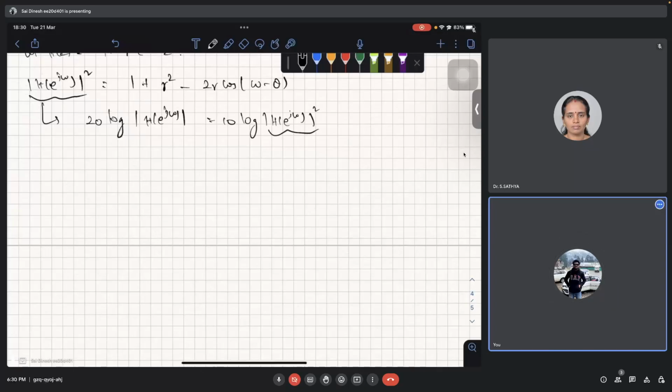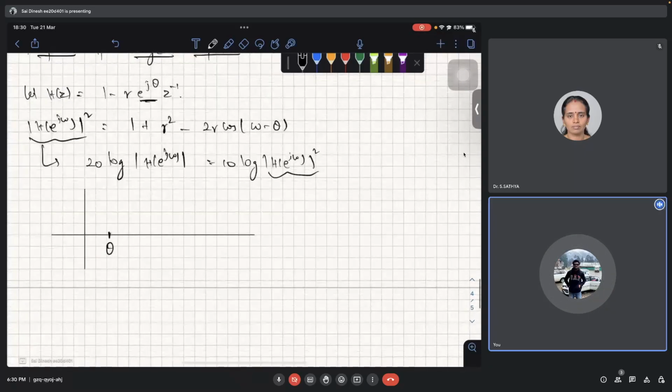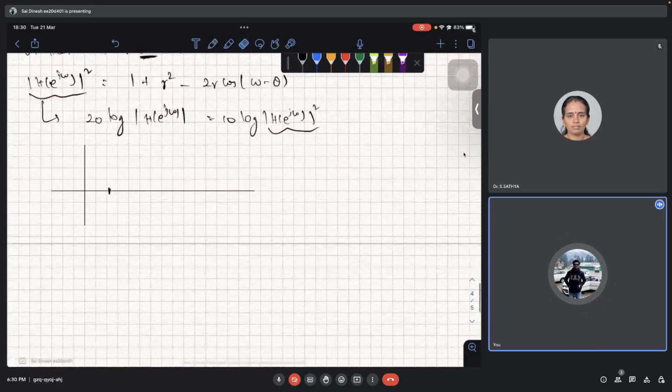Now let's say the angle of the zero is theta. So at theta actually there is an attenuation, then there is a wide peak later.